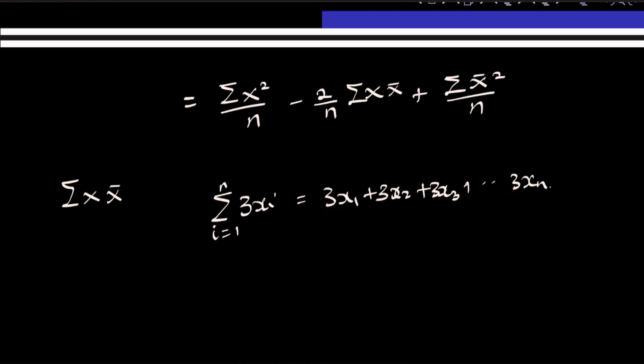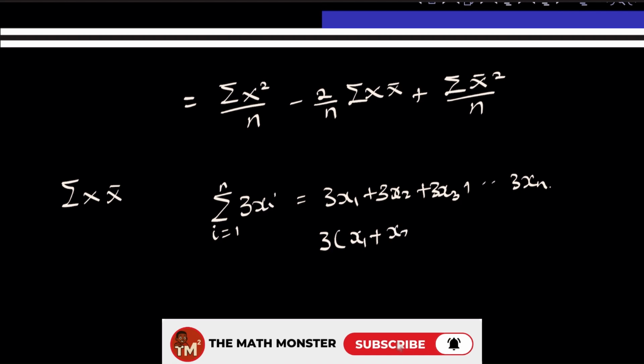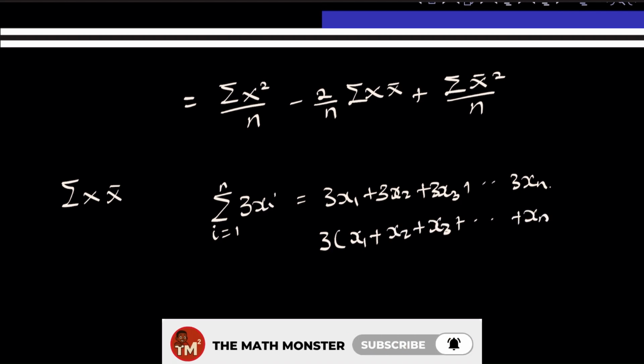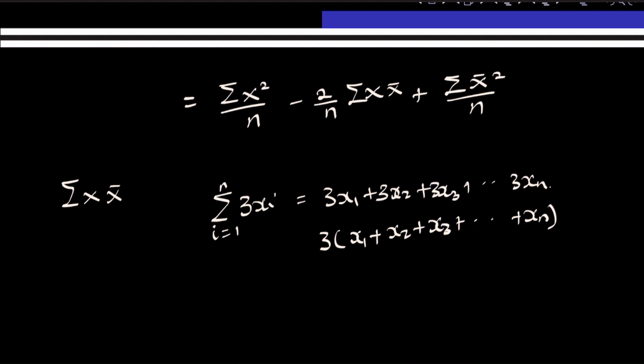Now we can factor out the 3. So you're going to have 3 out, then x1 plus x2 plus x3 up to xn. We can rewrite this as 3 summation xi from 1 to n, right? That's when we have a constant in the summation sign, we can factor out the constant.